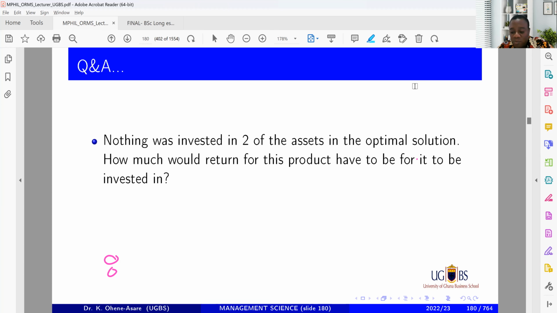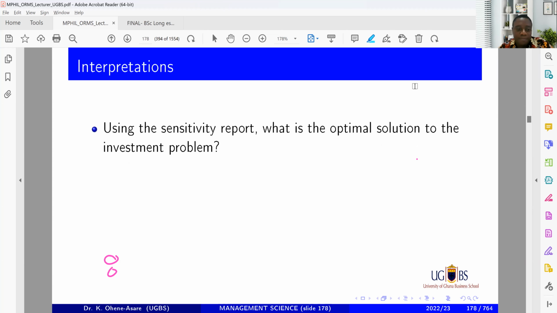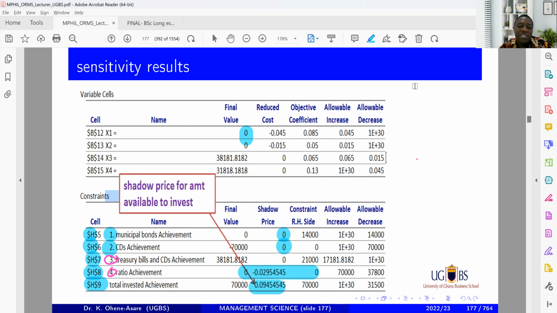We've already answered partly this question, but let's go back to it. Look at it here. We didn't invest in X1, we didn't invest in X2. How much should the return be to motivate anybody to want to invest in them? You can tell us.